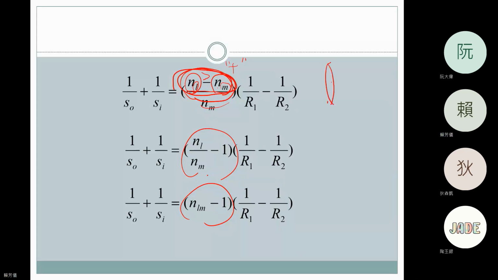But for the same lens, if NL is smaller than NM, then this term will be negative, so it will become a divergent lens.